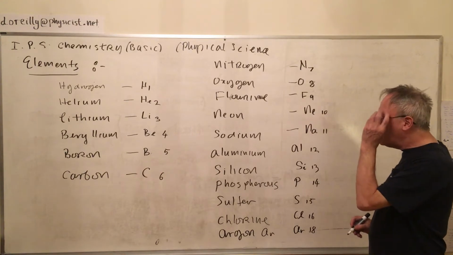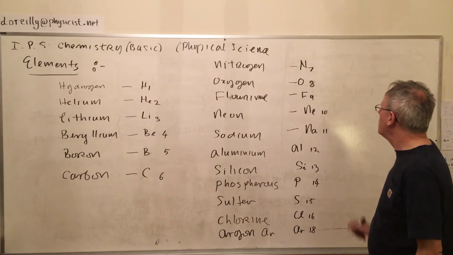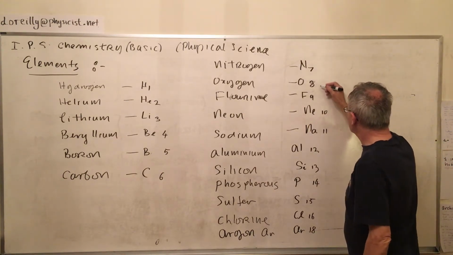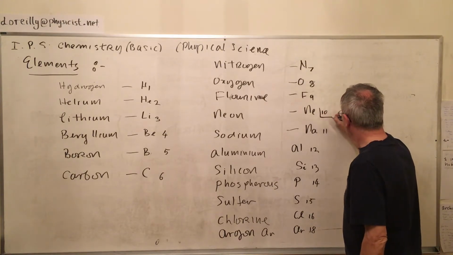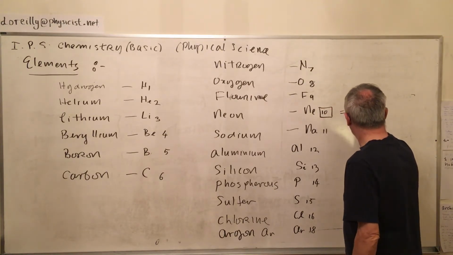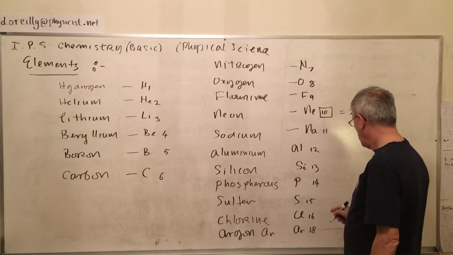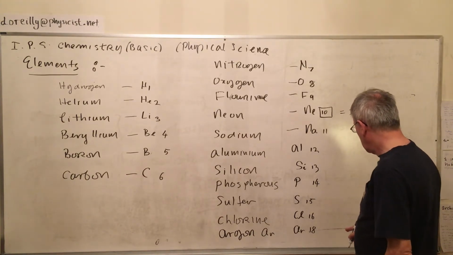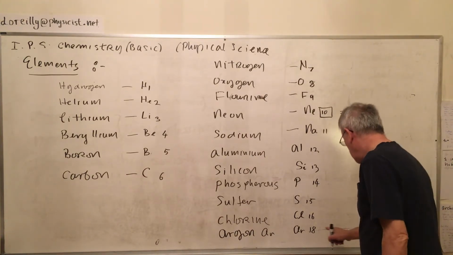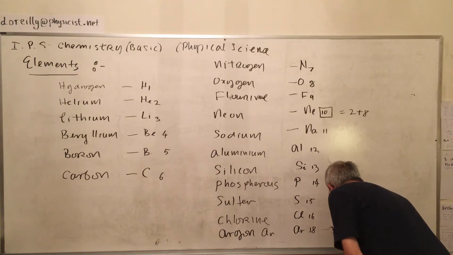Now, when we're here, we're going to notice something very weird. We're going to notice that magic number 10 is 2 plus 8. We're going to notice that this one is 2 plus 8 plus 8.